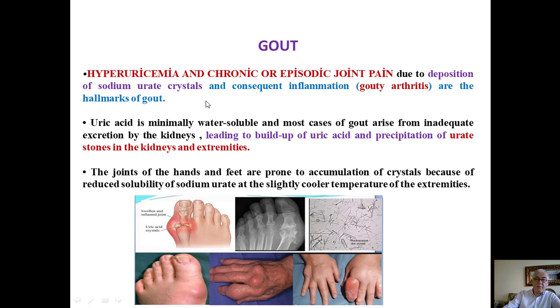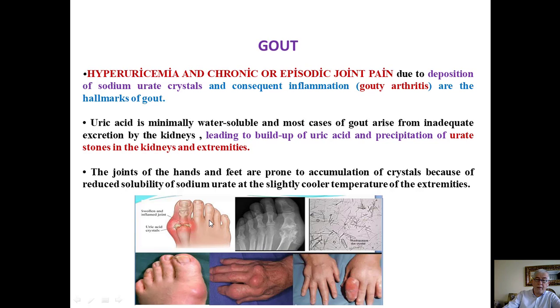It is a very serious problem for patients, and as I told you, uric acid is minimally water soluble, and most cases of gout arise from inadequate excretion of uric acid by the kidneys, leading to build up of uric acid and the precipitation of urate stones in the kidneys and extremities.